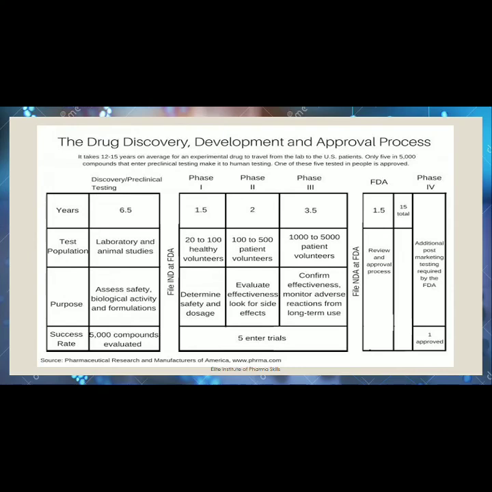Success rate: 5,000 compounds get evaluated in preclinical testing. Of those 5,000 compounds, only 5 compounds enter phase 1, phase 2, and phase 3. And from those 5 compounds, only one compound gets approved by the FDA authority. FDA is Food and Drug Administration.